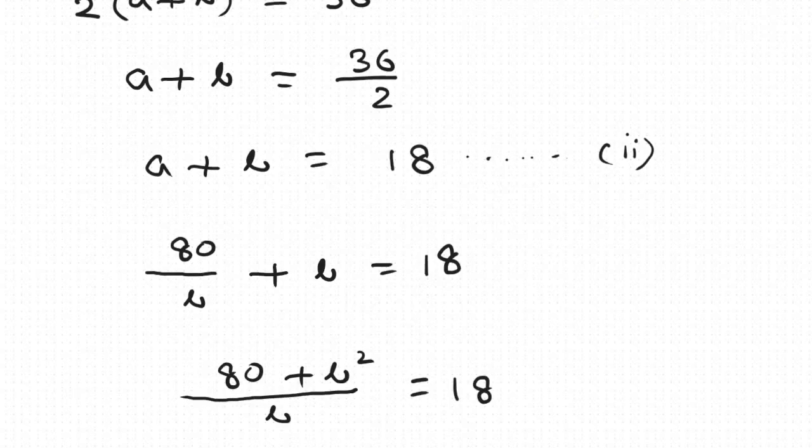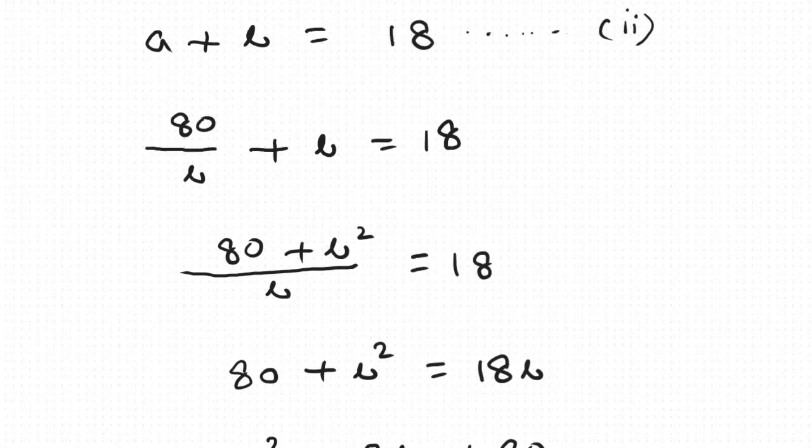Now from equation number 2, if we put the two values of B, one each time, we can get two values of A from equation number 2.